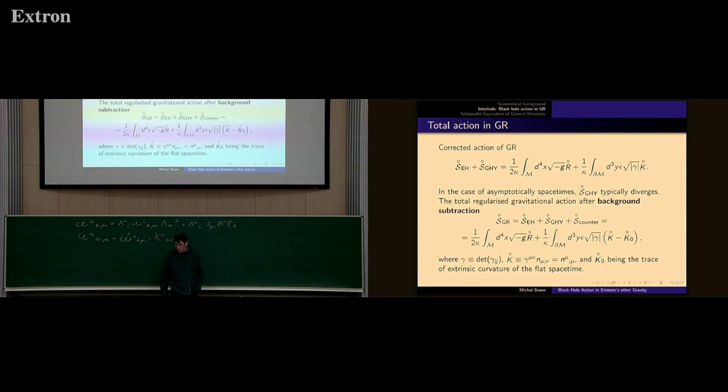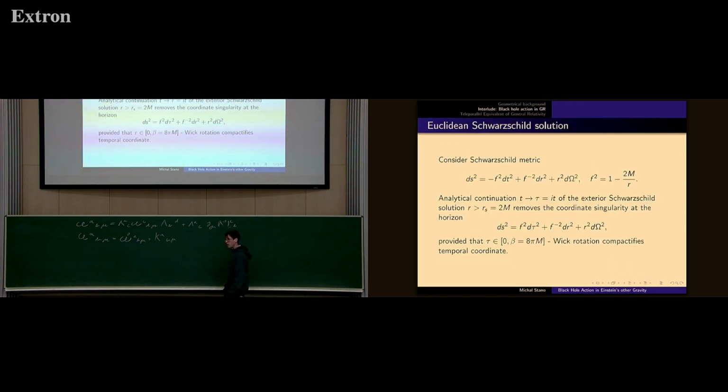And well, in the case of the Gibbons-Hawking-York boundary term, it turns out that this can be carried out by what is called background subtraction, which essentially amounts to calculating the extrinsic curvature for the flat background. It's nothing more, nothing less. You simply look at the value of the metric at asymptotic infinity, and then you construct the extrinsic curvature out of it, and this should, in principle, regularize the action so that we obtain a finite result.